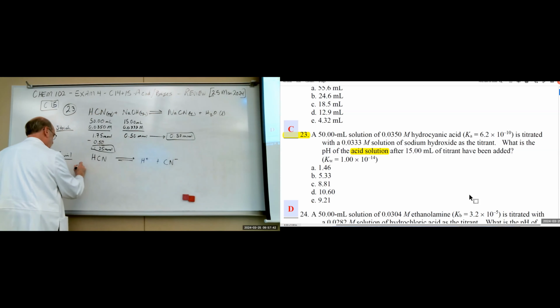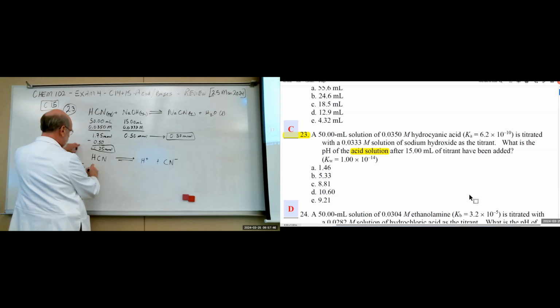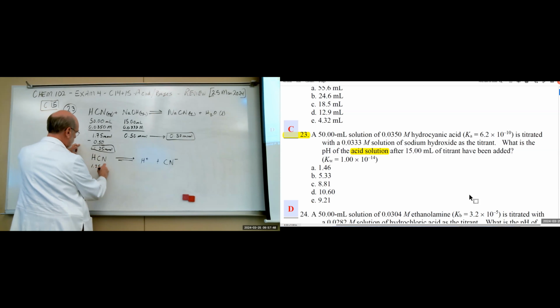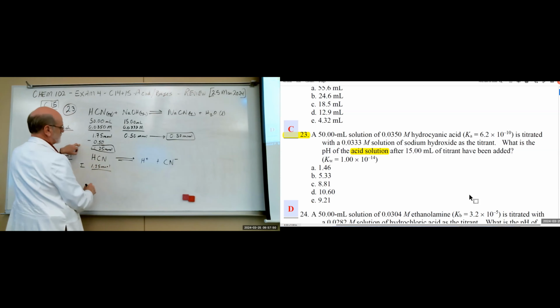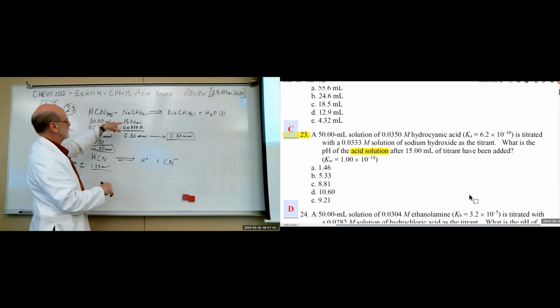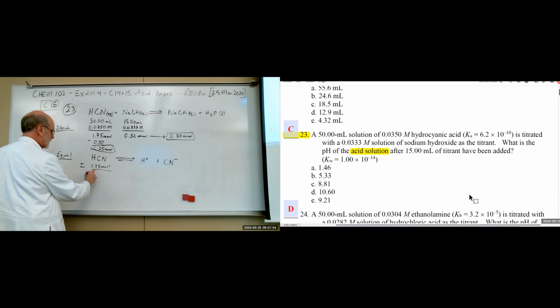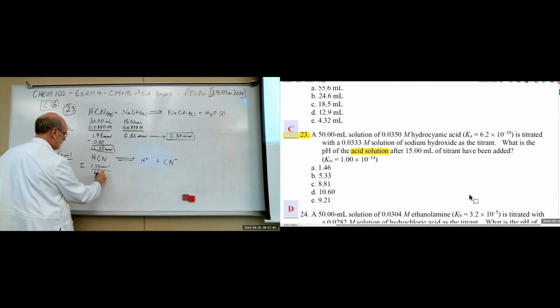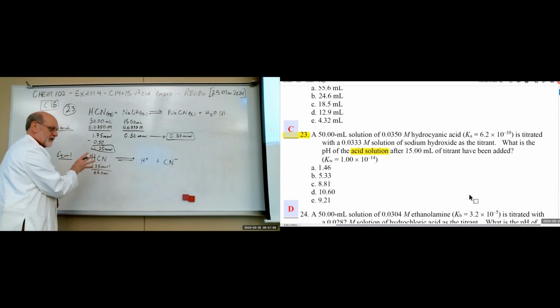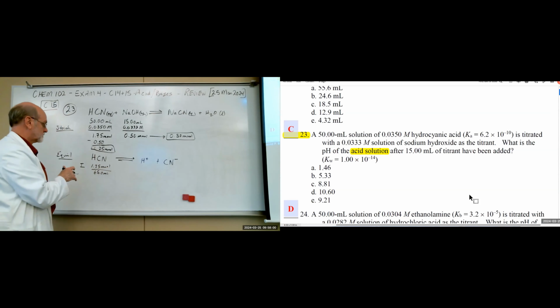Our initial hydrocyanic acid is 1.25 millimoles by what volume? Well, we had 50 plus 15 is 65 milliliters, right? Millimoles divided by milliliters is molarity.